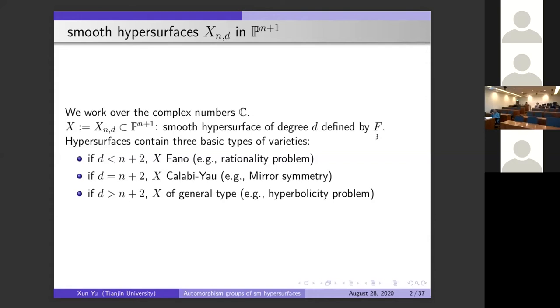Even though the defining data of a hypersurface is simple, just one equation, the geometry and properties are rich, related to many interesting problems like the rationality problem and mirror symmetry. The automorphism group is an invariant of a variety, so we want to know the automorphism group of hypersurfaces.